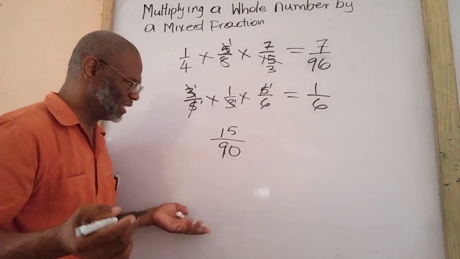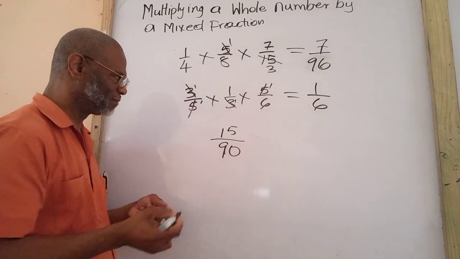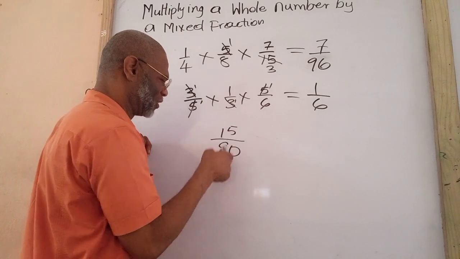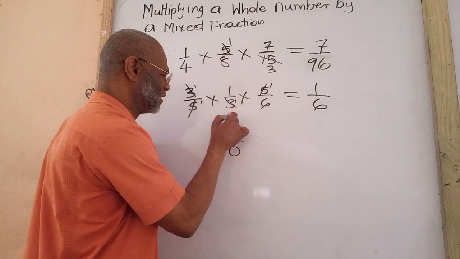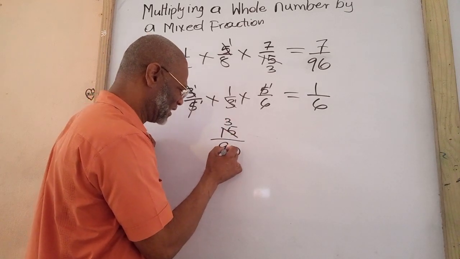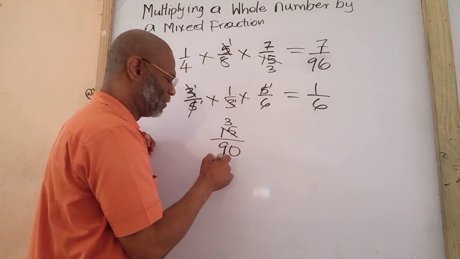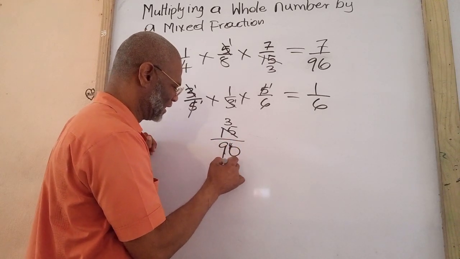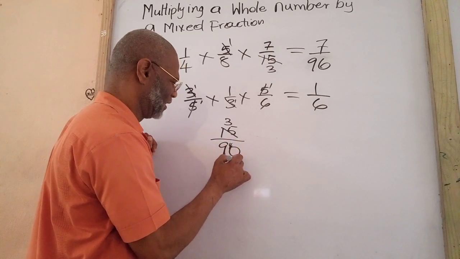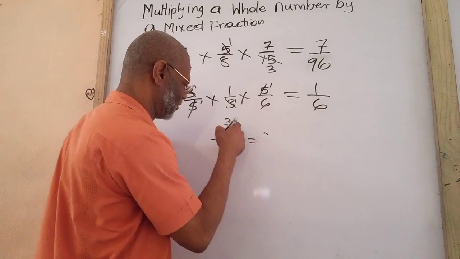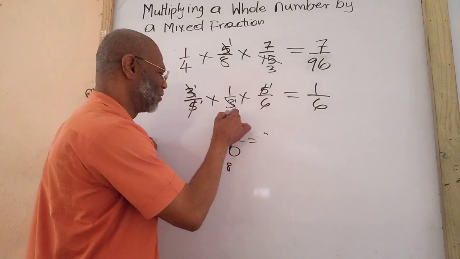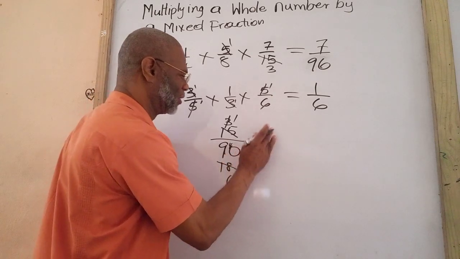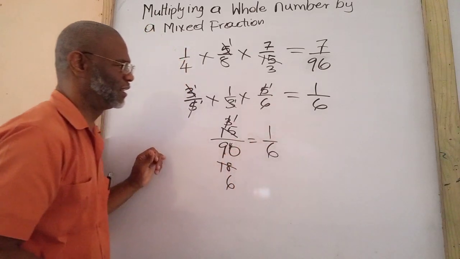So you start with maybe the smallest factor. So we can start with 5. 5 into 15 is 3, 5 into 90 gives us 18. So that's 3 over 18, then 3 into 3 is 1, 3 into 18 is 6, and that will give us 1/6, right?